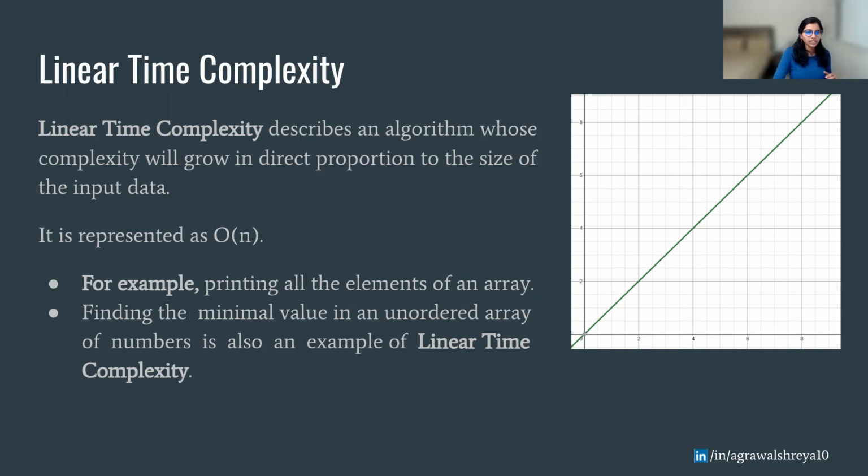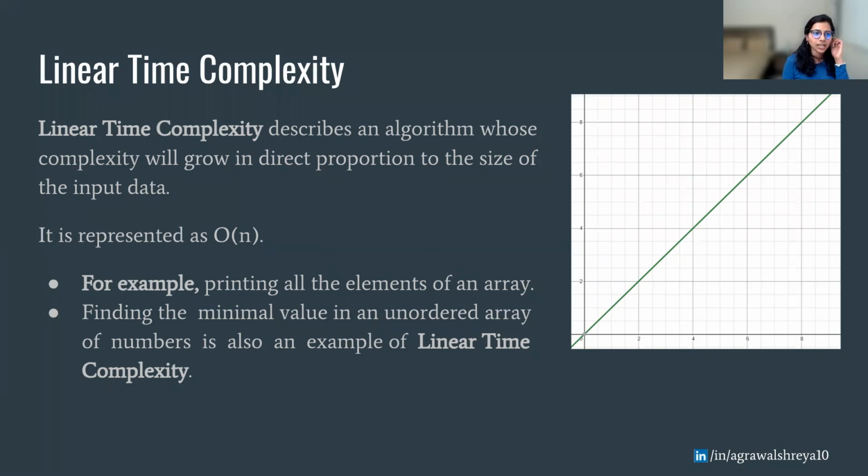A very good example of this is printing all the elements of an array. Let's say you have an array with n elements, and you need to print each value from the array on the console. While printing, you will be going through each and every value, right? So in this case, every element is taking an equal amount of time. That's why we say it is growing in direct proportion to the size of the input data.